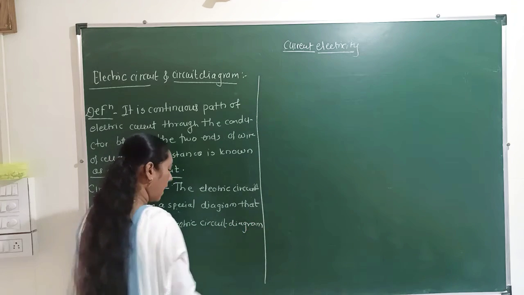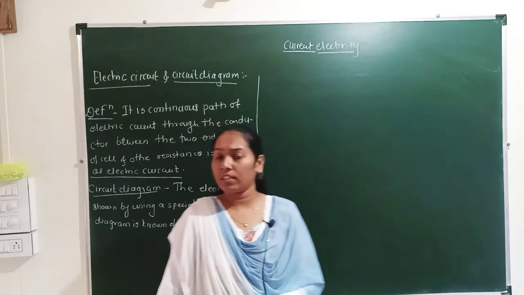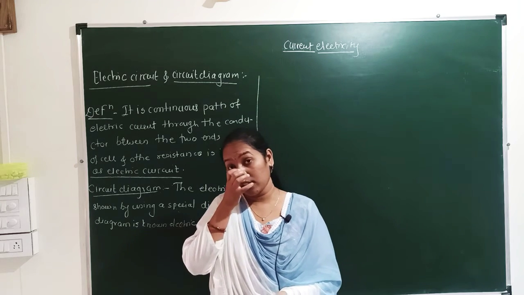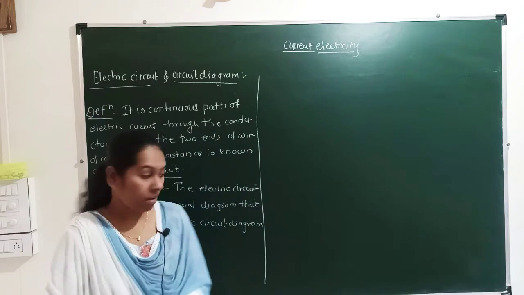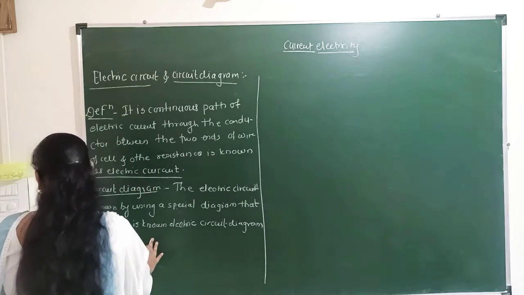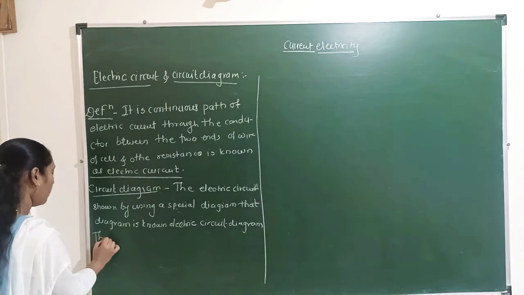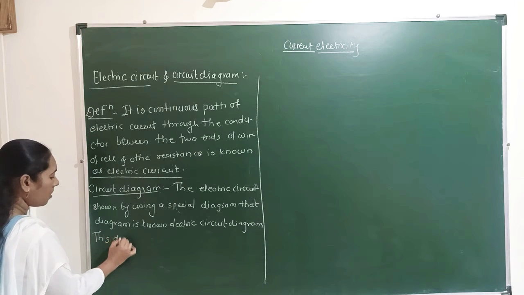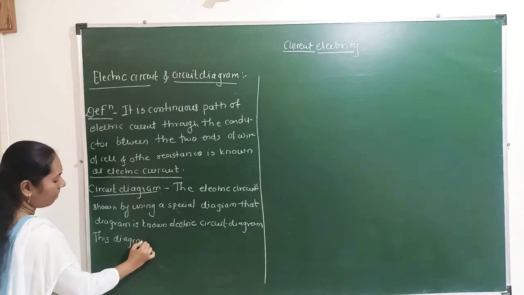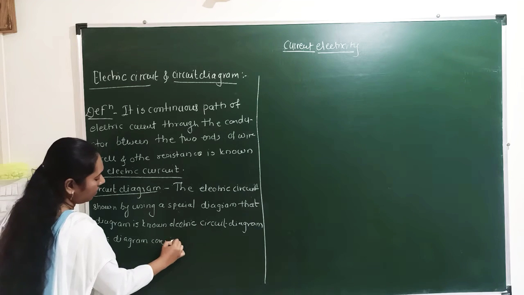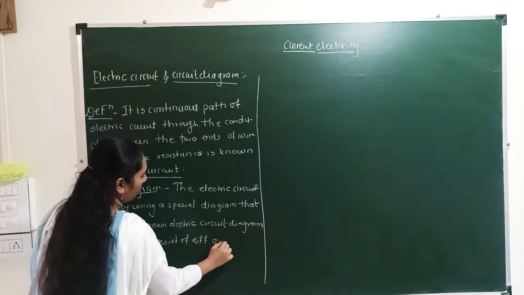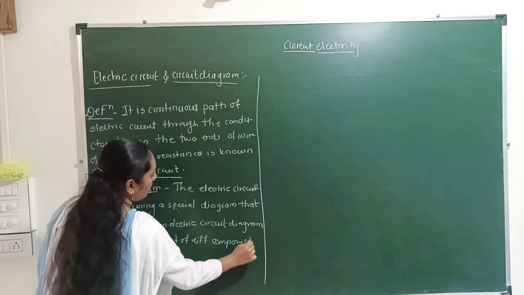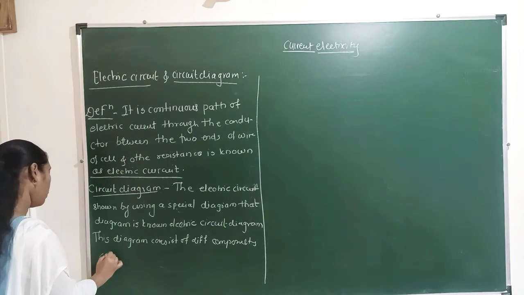This diagram consists of different components, and these components have special kinds of symbols. The components are connected to each other.